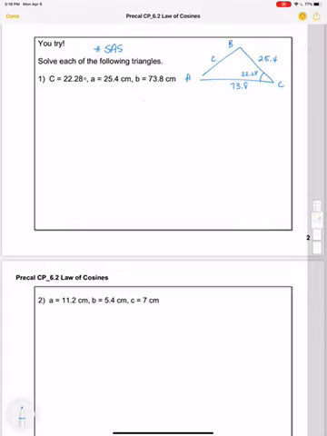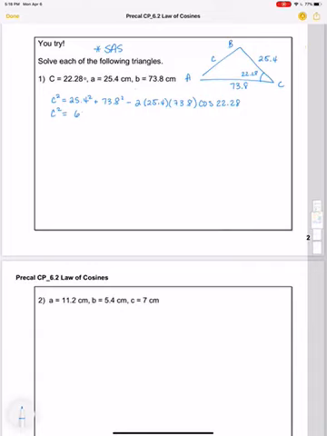So I'm going to use my formula, and I'll do C squared equals 25.4 squared plus 73.8 squared minus 2 times 25.4 times 73.8 cosine of 22.28. So C squared equals, all right, let's put this in our calculator. 25.4 squared plus 73.8 squared.